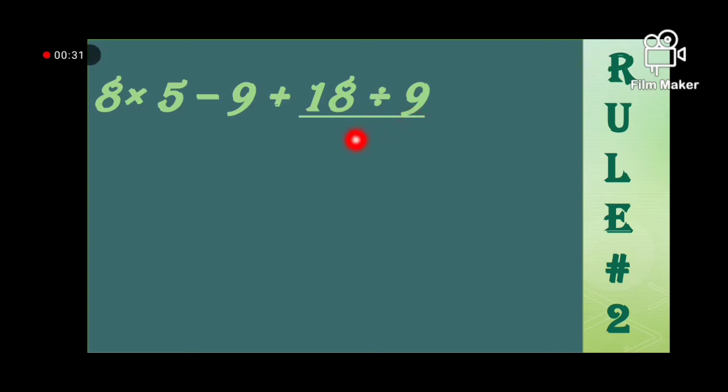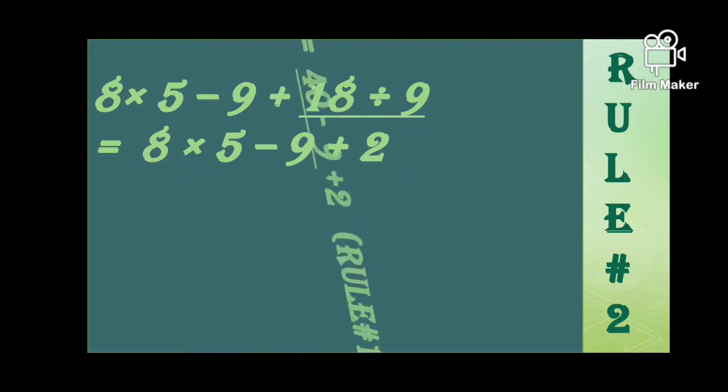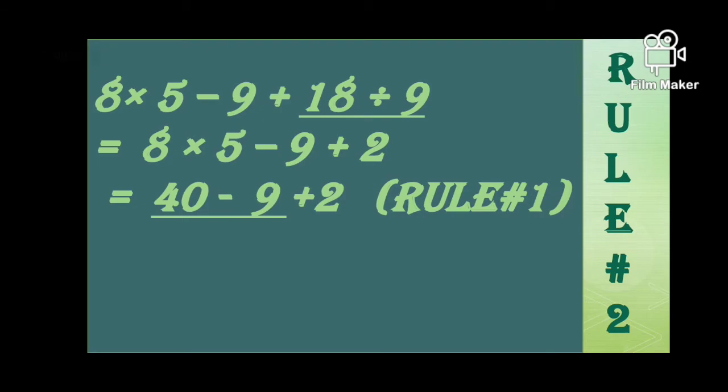First we have to divide. 9 2s are 18. So 8 multiplied by 5 minus 9 plus 2. According to the rule number 2 or the DMAS rule, we have to multiply. 8 5s are 40 minus 9 plus 2.